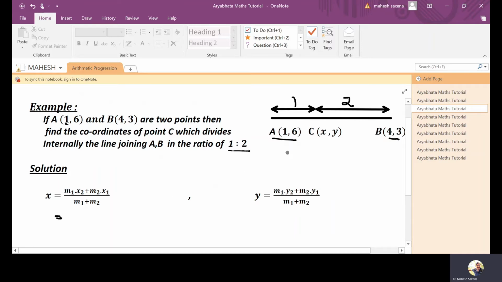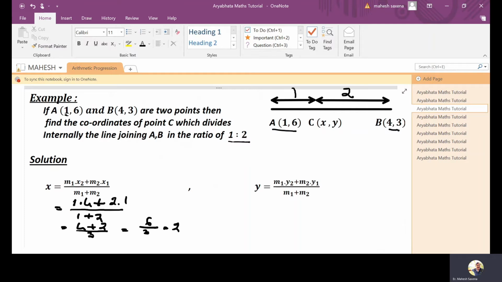Therefore, it will be m1 x2, that is 1 into 4, plus m2 into x1, that is 2 into 1, divided by 1 plus 2, which is 4 plus 2 divided by 3, that is 6 upon 3, that is 2. The x coordinate of C will be 2.